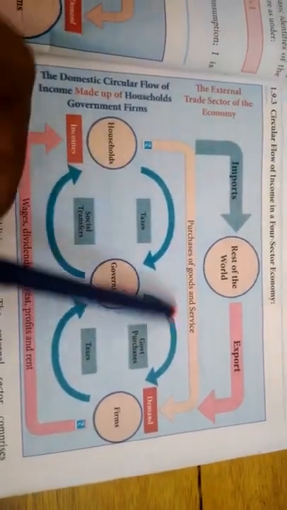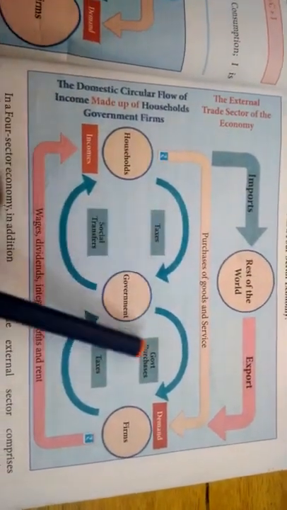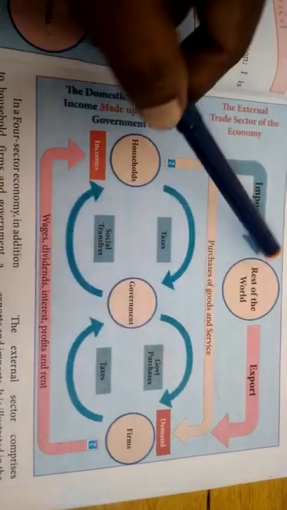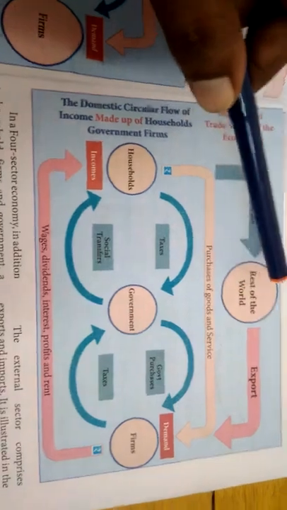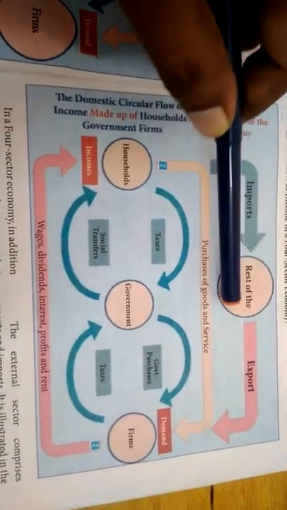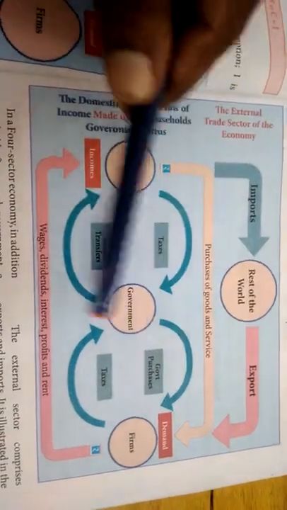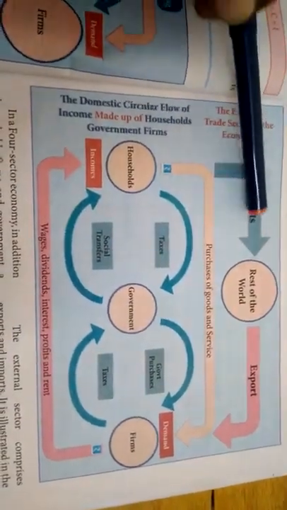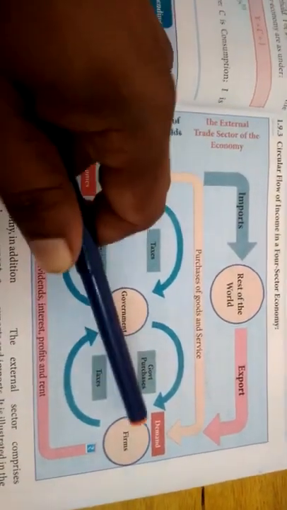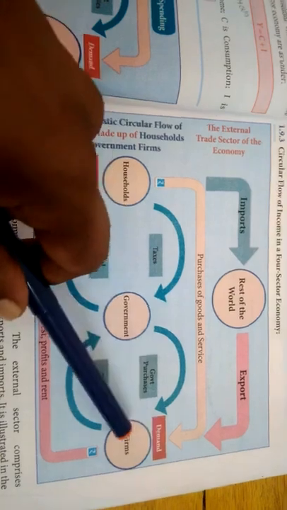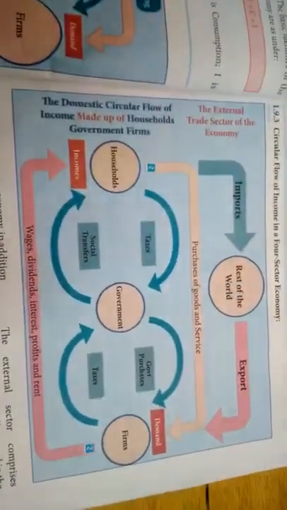Whatever happens in the three sector economy will also happen in this four sector economy, but here the rest of the world, the open economy, will be included, so international trade will happen. Whatever is produced by the firms and government goes to the rest of the world, and whatever is needed by the government and the firms is imported from the rest of the world.